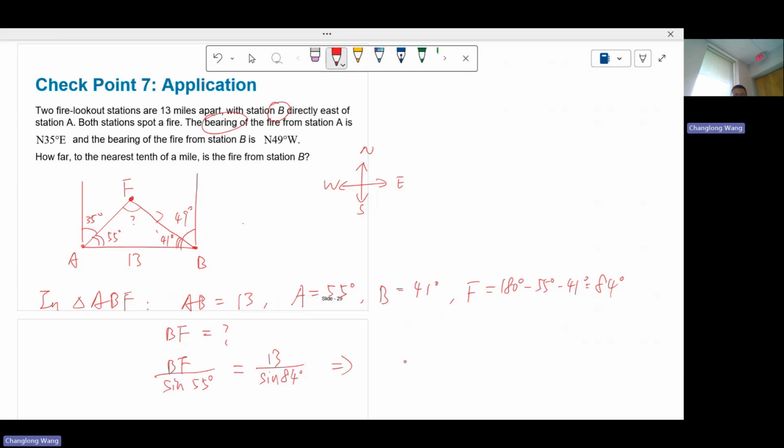And you know what to do: cross multiplication, and you figure out what BF is. It will be 13 times sine of 55 over sine 84. And you will figure out what that is, and it's in miles.